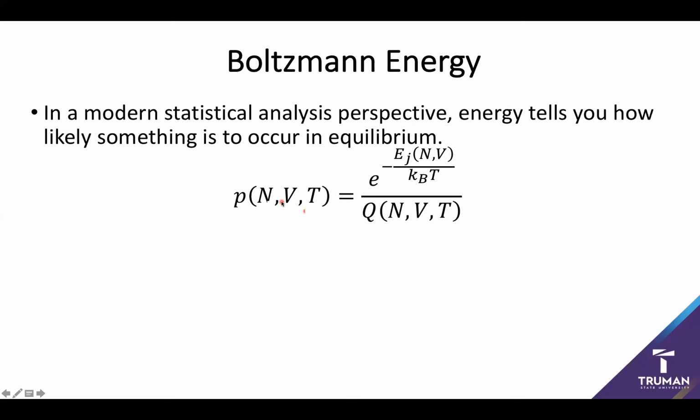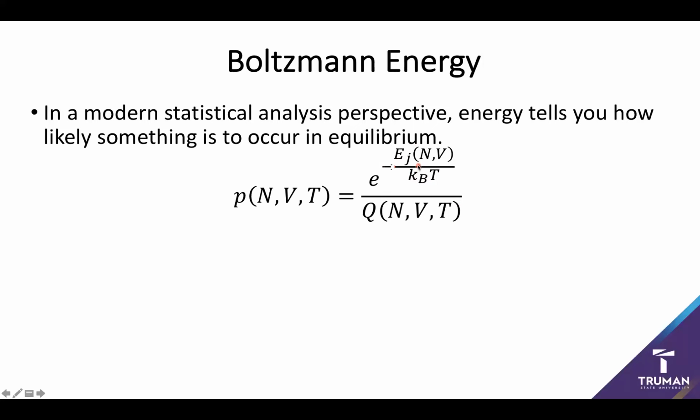And it turns out that we can predict the probability of our system being in a single state if I know the energy of that state and I know the sum of the energies of all possible states the system can be in. So if I have a very low energy, this means that this exponent will be closer to 1.